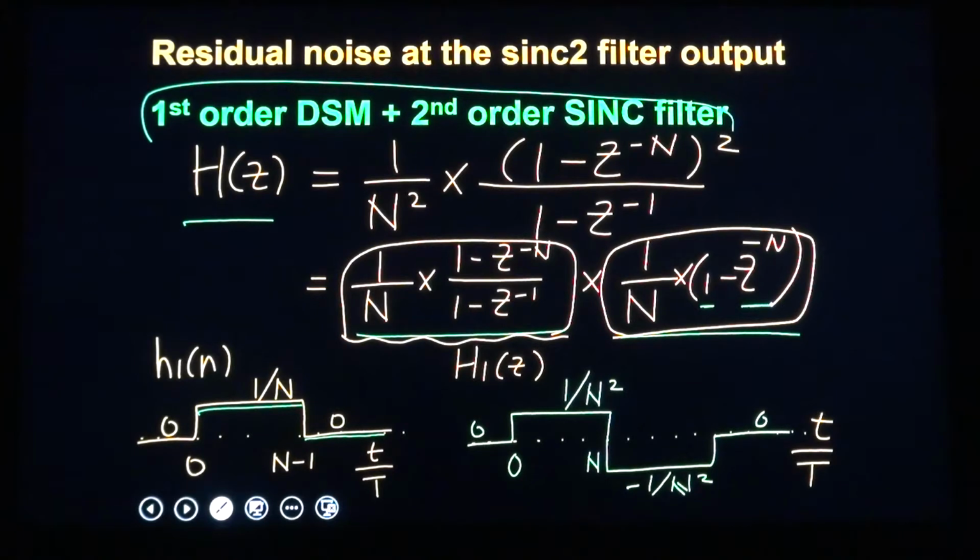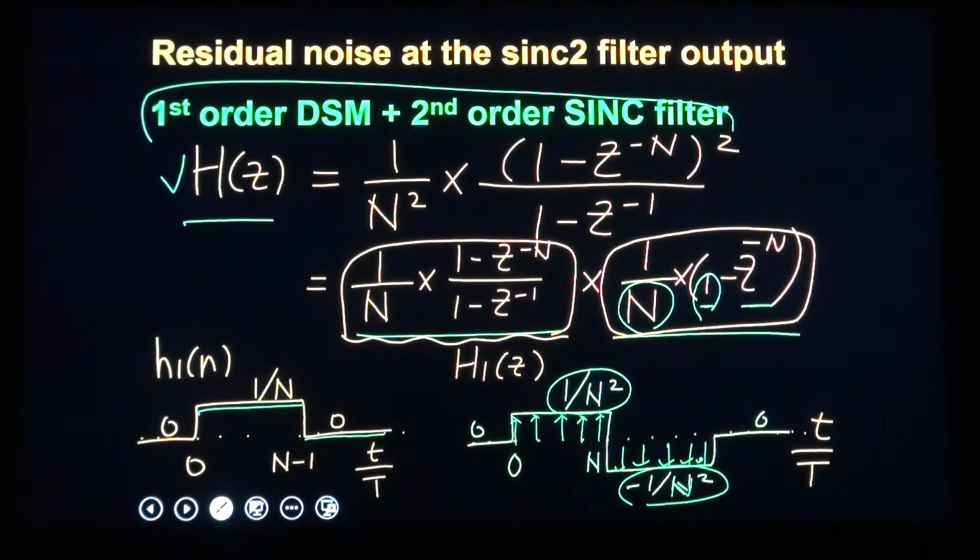So that is that part. But 1 over n is multiplied, so the magnitude becomes 1 over n squared, and then minus that part. This is a delayed version, right? 1 minus 1 over n squared. So the impulse response of H(z) will look like this one. There are n 1 over n's and then another n minus 1 over n's.